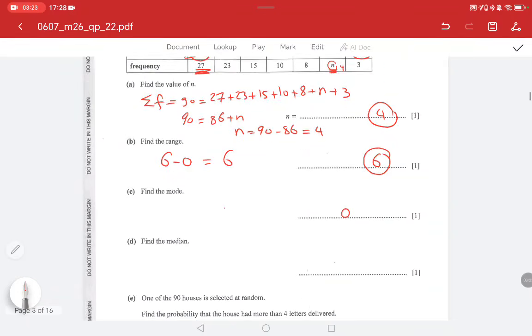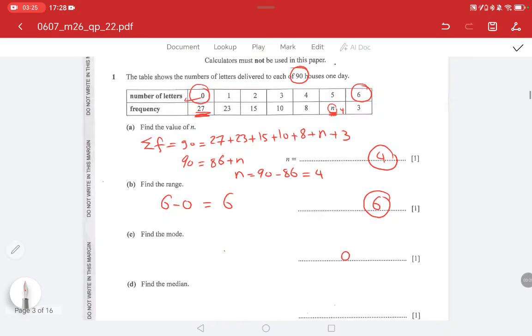Next is find the median. The median is the middle number. Since we have 90, we divide by 2, so 90 divided by 2 is 45, so it should be the 45th and 46th; you add them and divide by 2.